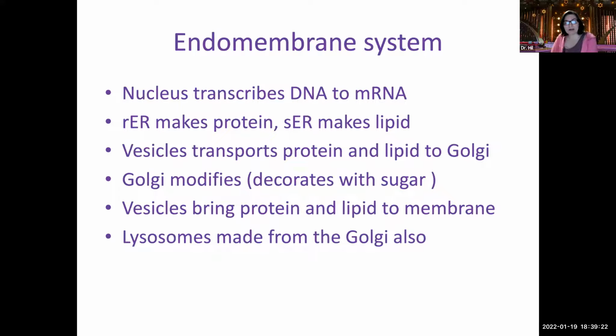If you're going to leave the cell or be on the surface, you need to be decorated with sugar, a process known as glycosylation. So there are enzymes in the Golgi that will do that. And you may not know this, but lysosomes are also made from the Golgi. So the Golgi will make vesicles that send stuff to the membrane, but it will also make vesicles that become lysosomes.